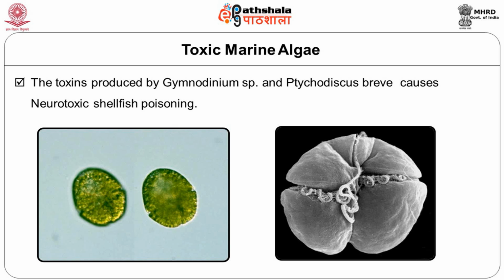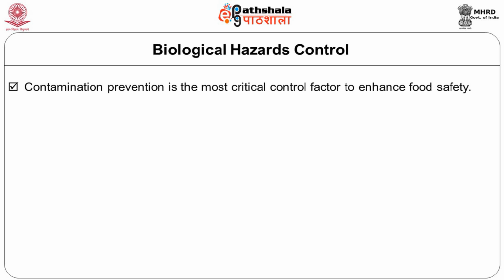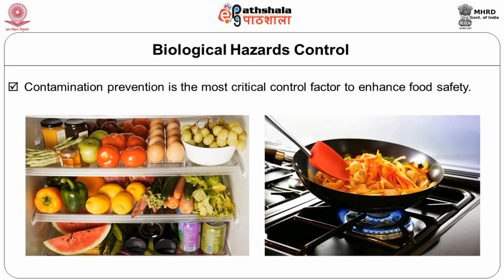We just discussed different types of biological hazards that can come into food from various sources, and the health effects. But the most important thing for the control of these biological hazards is ensuring food safety throughout the food chain, and the HACCP approach is ideally suited for biological hazards control.